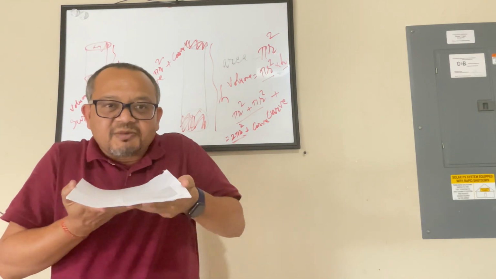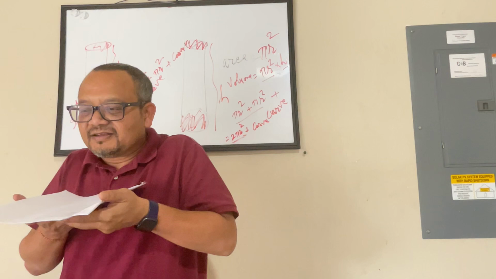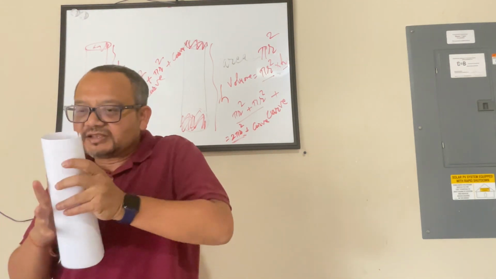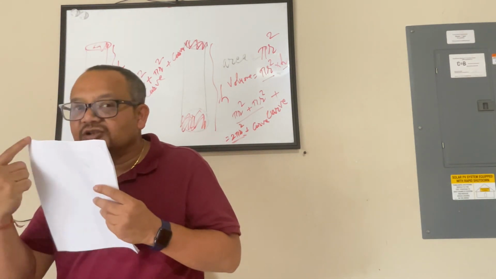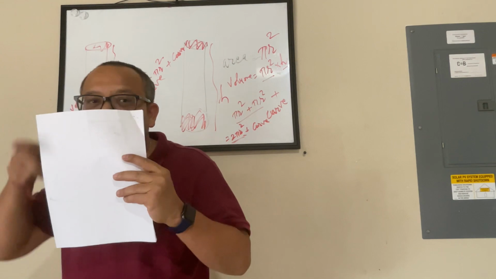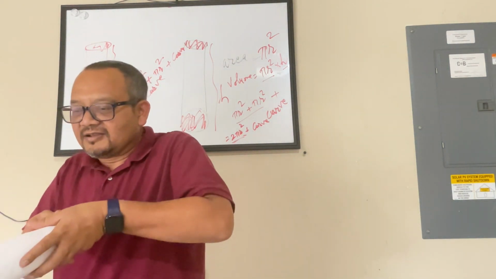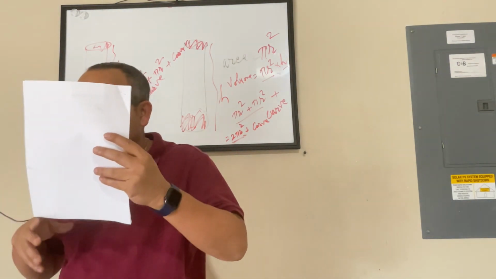This perimeter is becoming one side, isn't it? So the curve is actually a rectangle with two sides. One side is the perimeter of the whole circle, and the other is the height of the cylinder.